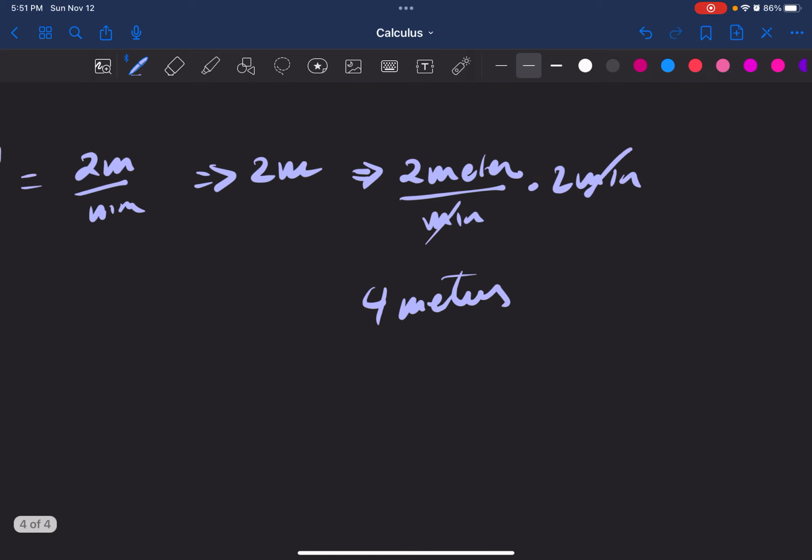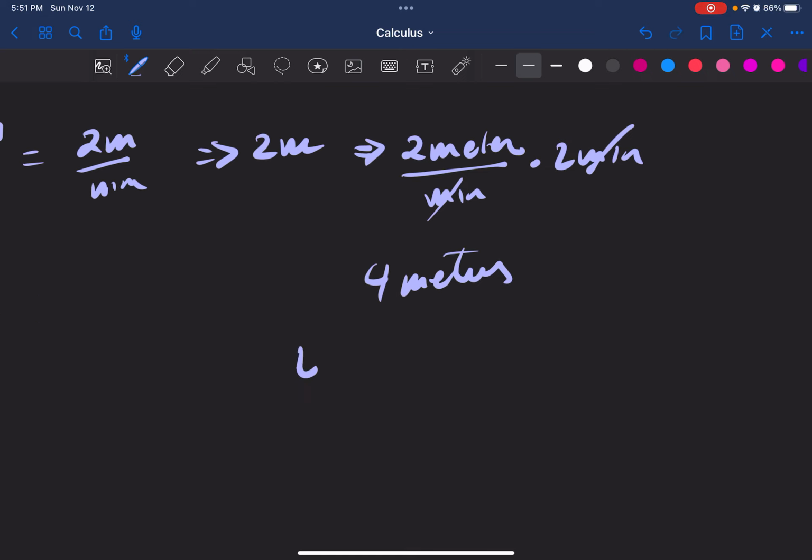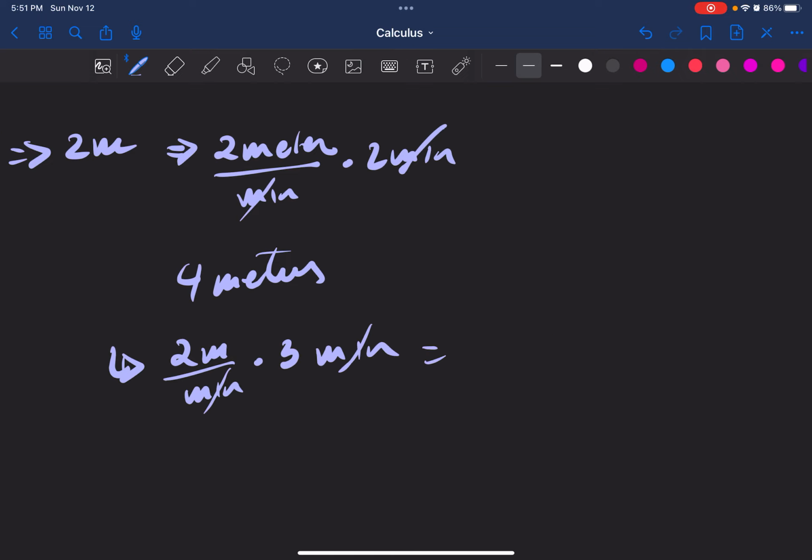After 3 minutes, if my radius is still changing at this rate of meters over minutes, my radius would be 6 meters.